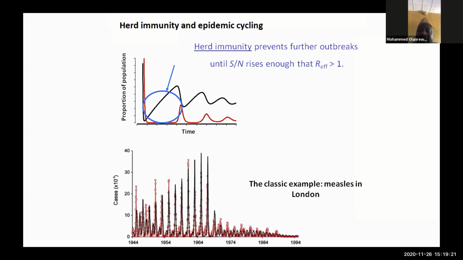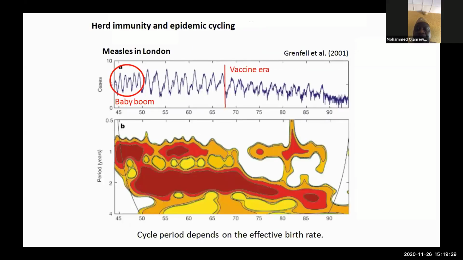The classic example is measles in London of that same epidemic cycle. Next, herd immunity and epidemic cycling. Measles in London. The baby boom, the vaccination era, and if you look at the graph, cycle period depends on the effective birth rate.